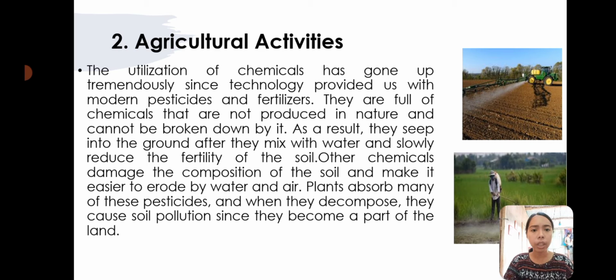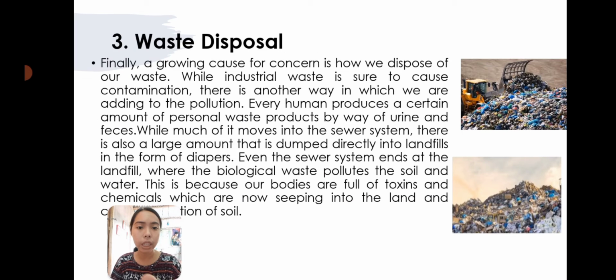Other chemicals damage the composition of soil and make it easier to erode by water and air. Plants absorb many of these pesticides, and when they decompose, this causes soil pollution since they become part of the land. So one of the factors that causes soil pollution is agricultural activities, because of the use of pesticides and fertilizer.